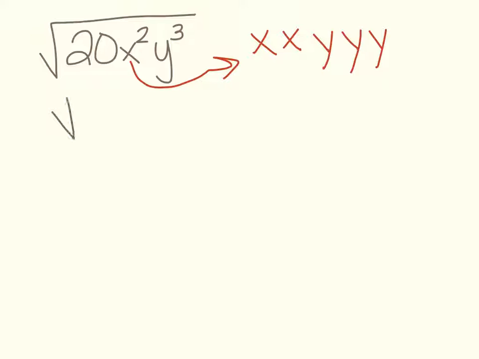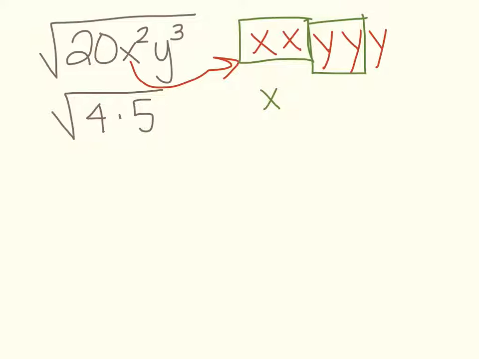I know that you guys can do that with no real thought. That's the same thing as 4 times 5. And then when we see our variables, we're looking for pairs. A pair will move it out from underneath the radical. Whatever is left is going to stay under the radical.